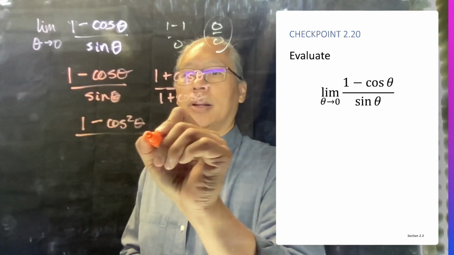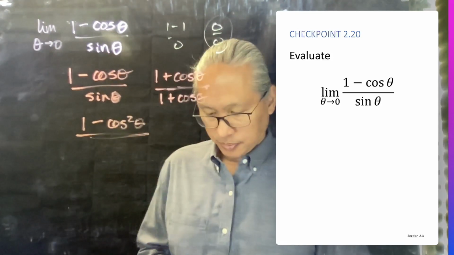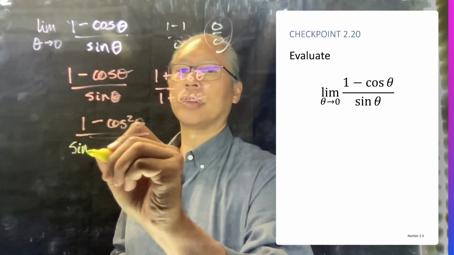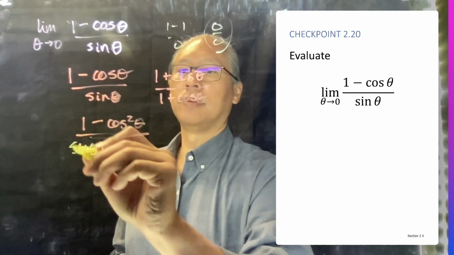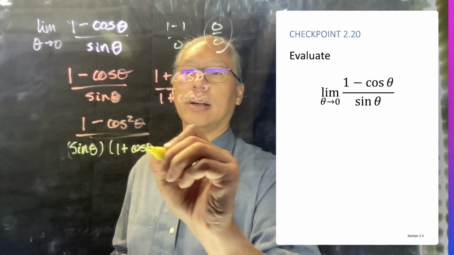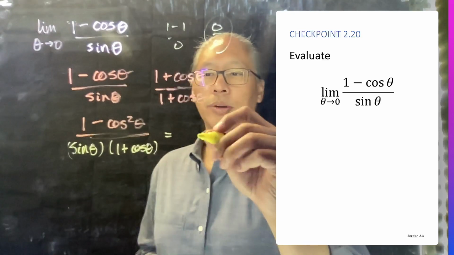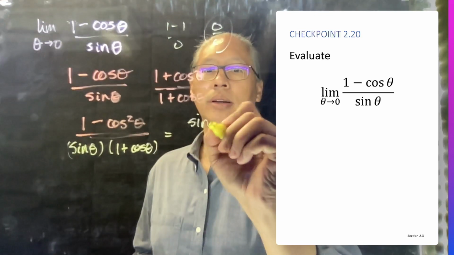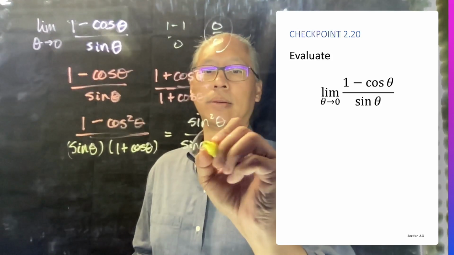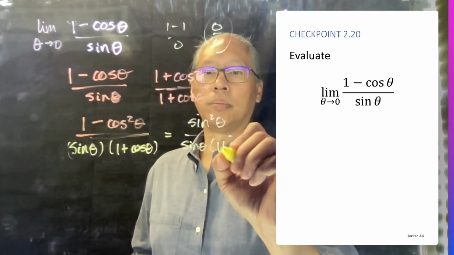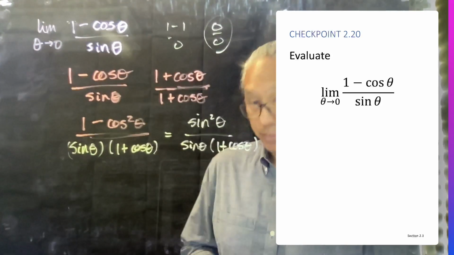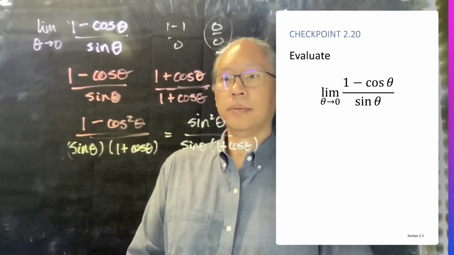We have in the denominator a sine theta and then a 1 plus cosine theta. Again, the numerator will become sine squared, and the denominator will just be sine theta times (1 plus cosine theta).